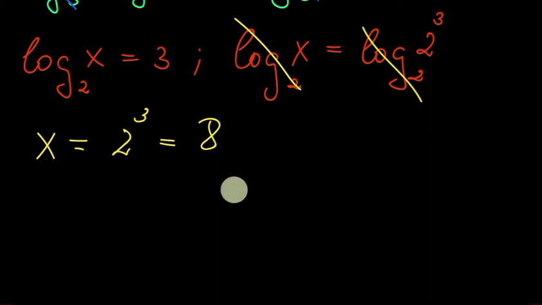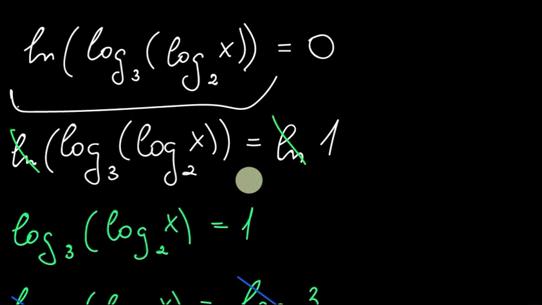Also, I forgot to do one more thing. We actually need to be sure that our x is more than 0, so we had to write that x is more than 0. That's also important.